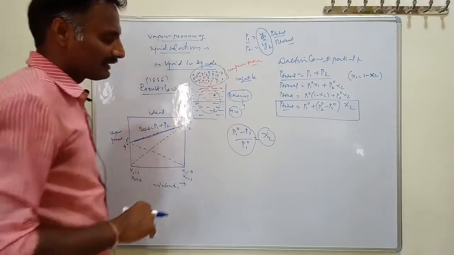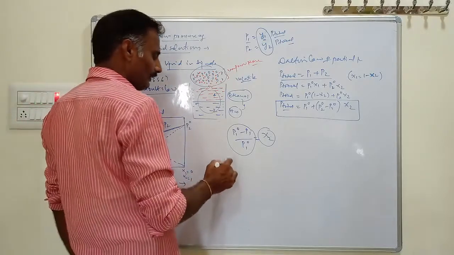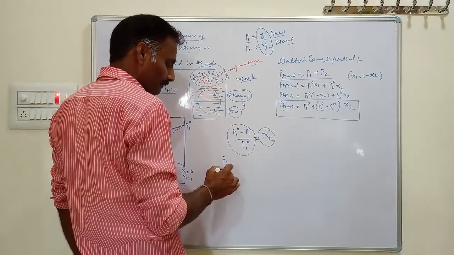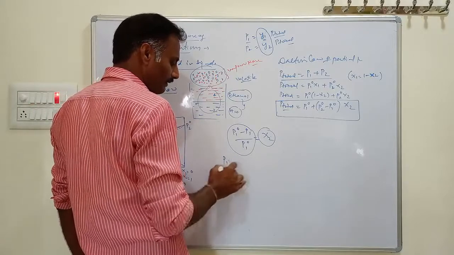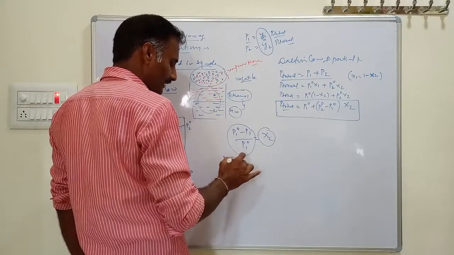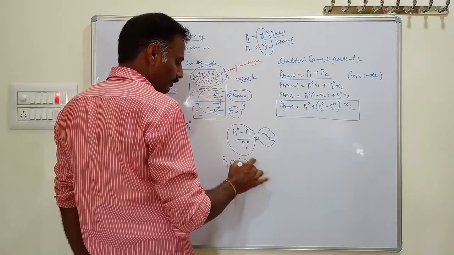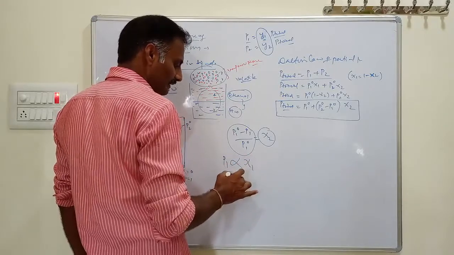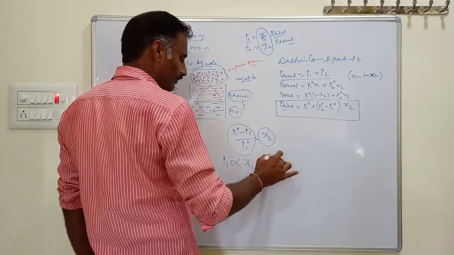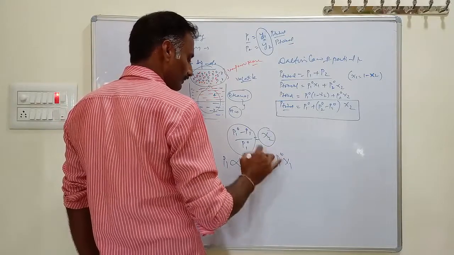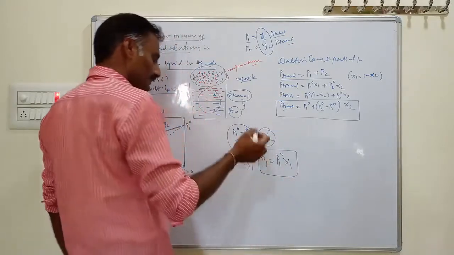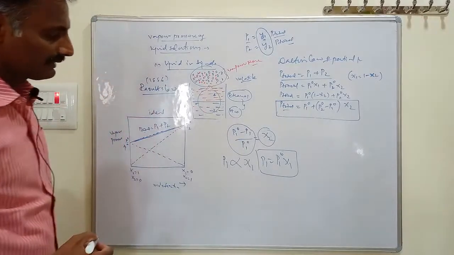That is, for any solution, the partial pressure of each component is directly proportional to the mole fraction of the component present in the solution. That is P1 equals P1 naught times X1. For any solution this applies: P1 equals P1 naught X1.